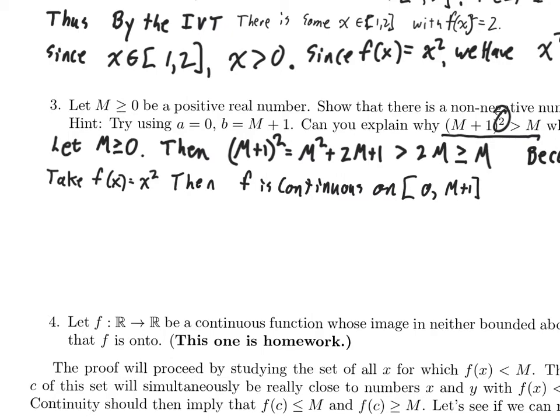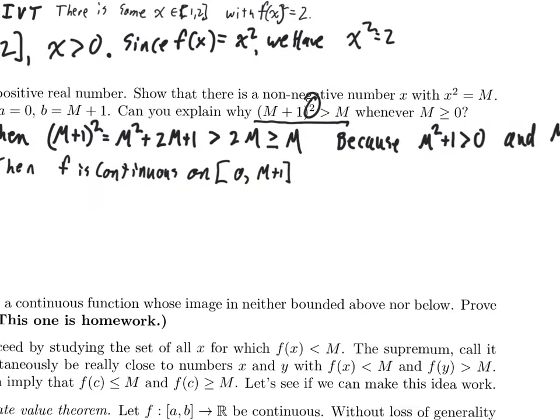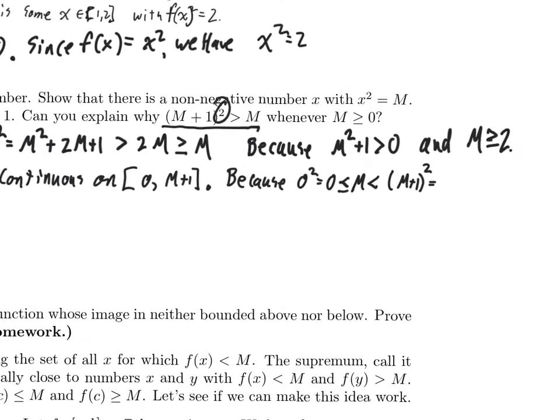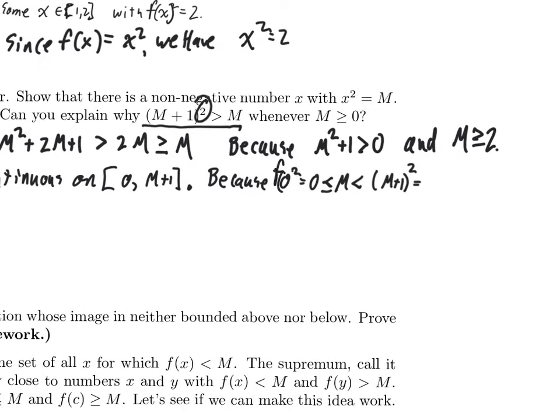Right, because it's continuous everywhere. It's a polynomial. Because 0 squared is equal to 0, which is less than or equal to m, which we have found is less than m plus 1 squared, which is equal to f of m plus 1. So one thing I've decided that I don't like that I'm going to change. Instead of saying 0 squared there, what I care about is the fact that this is f of 0.